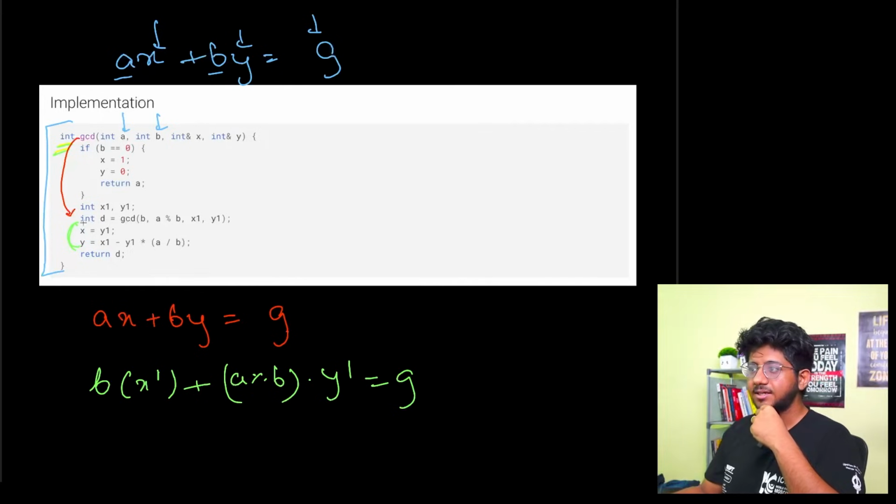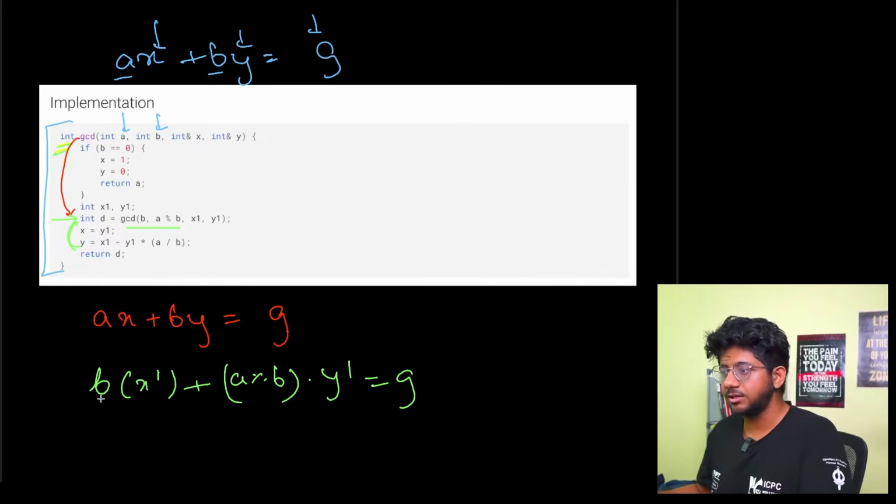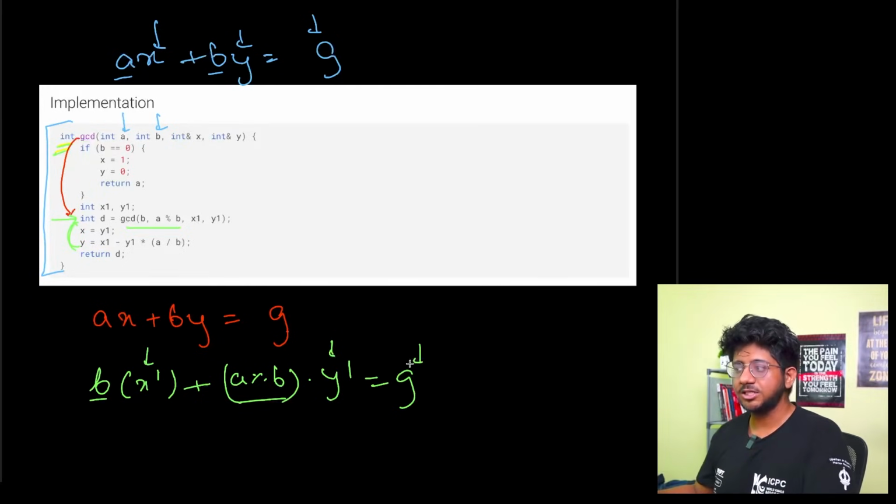Say that if you call one step deeper, it will return us a solution for this equation, with the variables being b and a mod b, and it finds us the solution for that and the GCD. This GCD we are directly returning, and for x and y we are computing something on this.